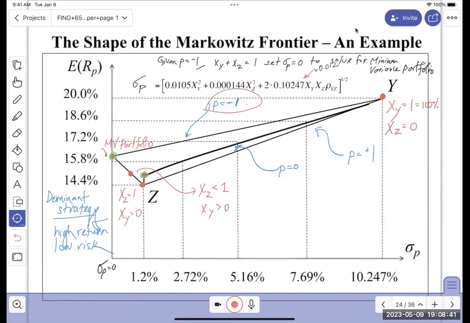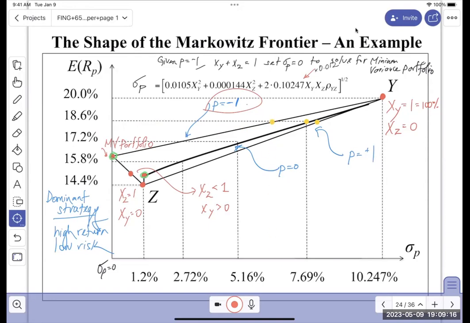18.6. So that's over here. And it hits each of the different possibilities of the correlation. I've marked them in yellow. If the correlation is -1, the expected return will be 18.6, but the standard deviation will be here.